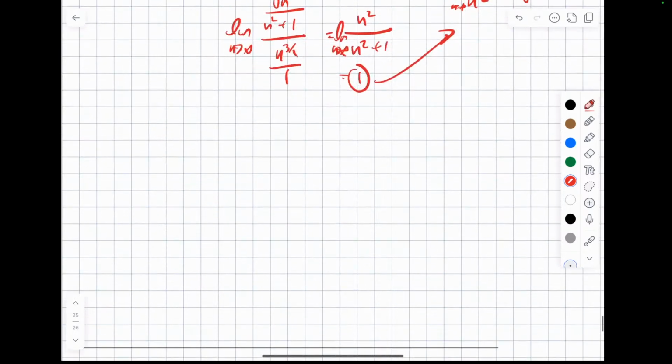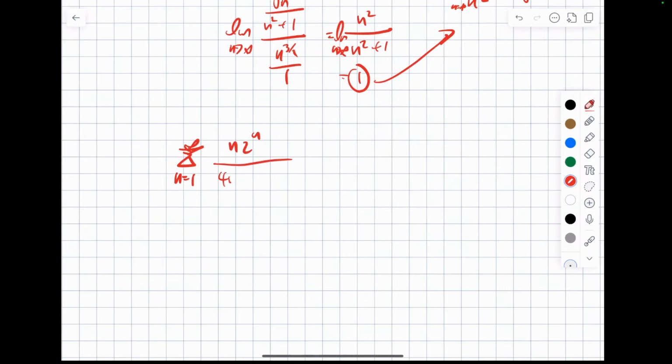Okay, so the last example before we end the day is this one: the summation from n equals 1 to infinity of n times 2 to the n, all over 4n cubed plus 1. What do we compare with?